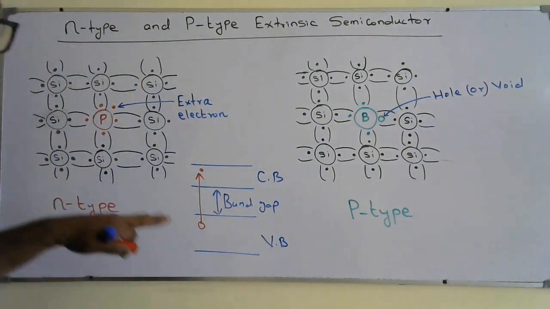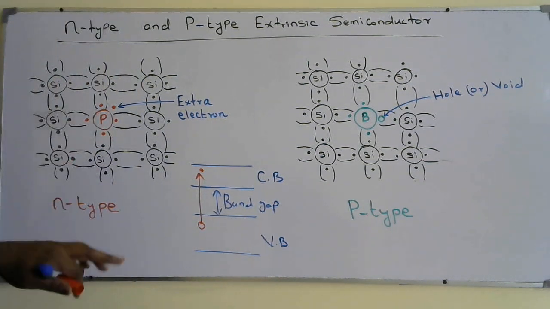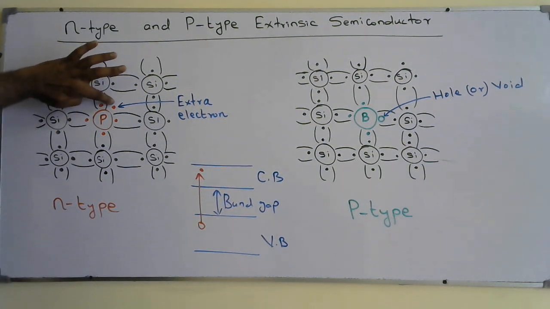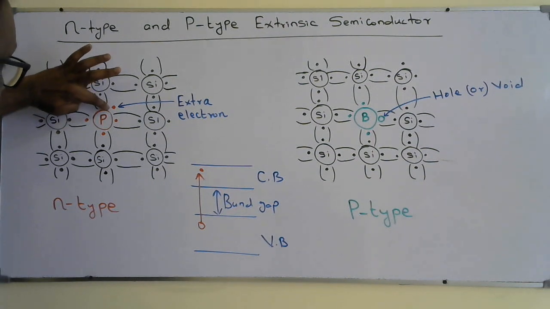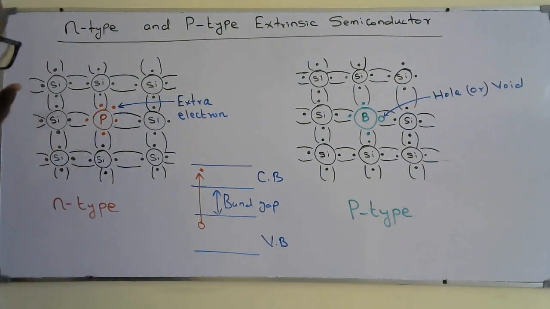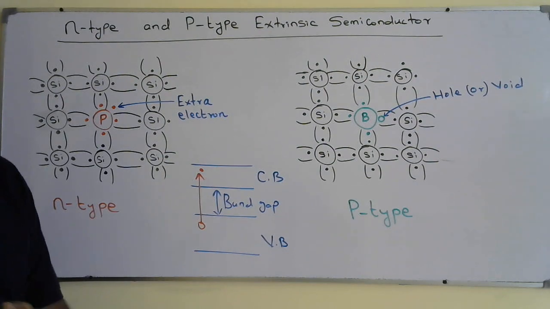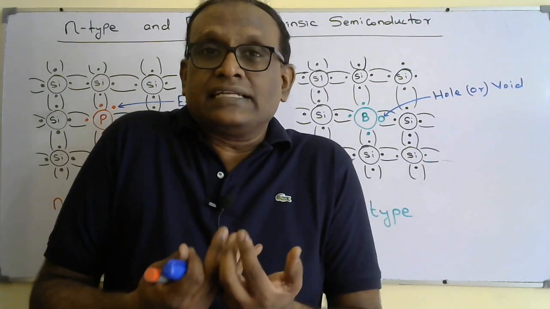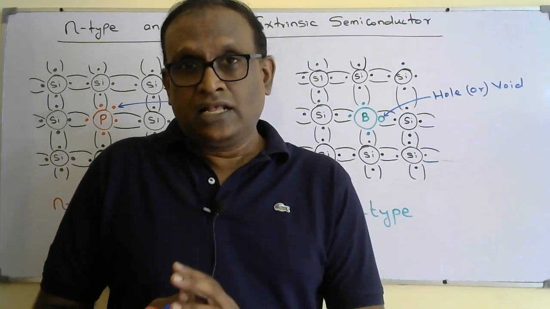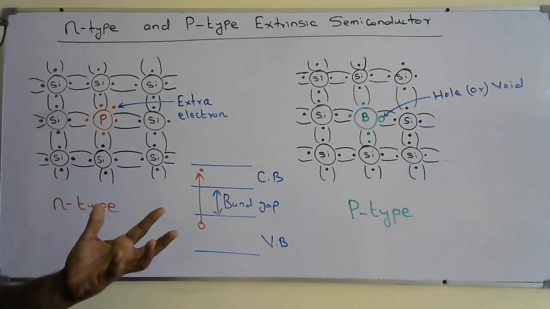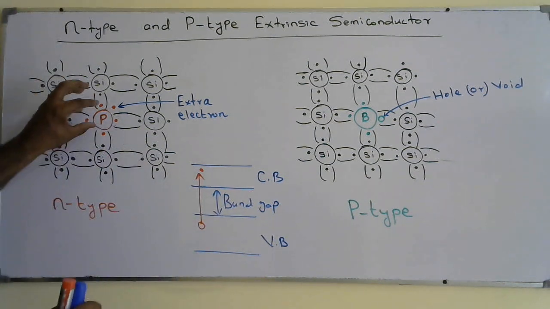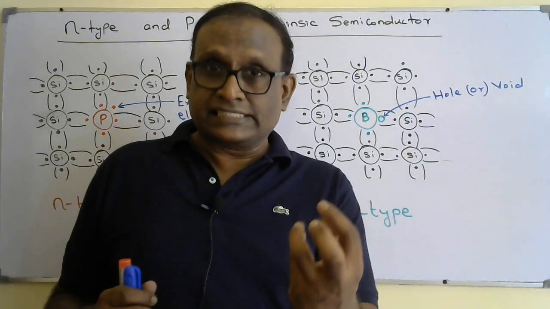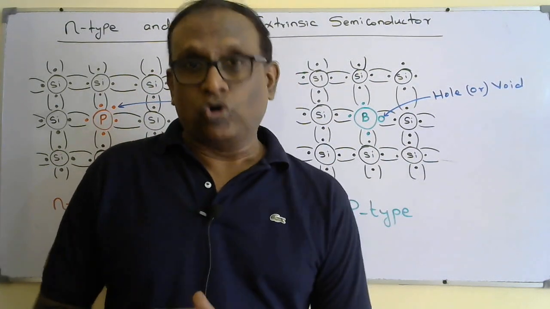But what happens when you dope with phosphorus, that is a group 5 element? It gives an extra electron, and that extra electron will be excited to the conduction band without any creation of holes. So without creation of holes, we get extra conduction electrons. When we dope with, for example, 10 million phosphorus atoms, we get 10 million additional conduction electrons without creation of holes.